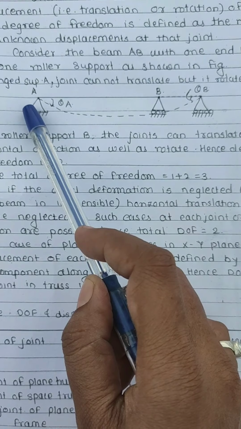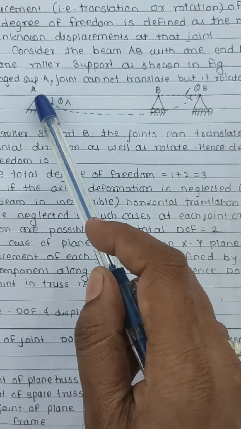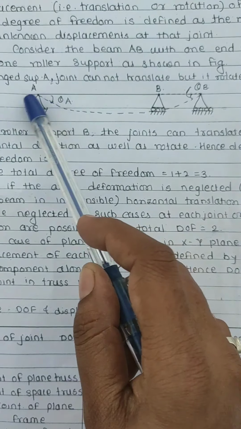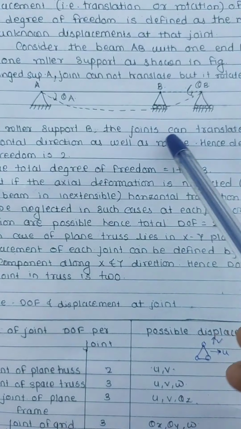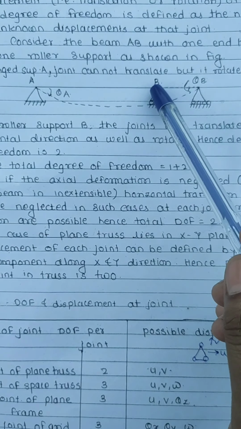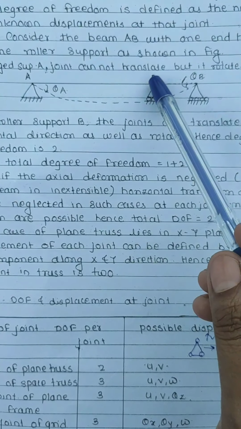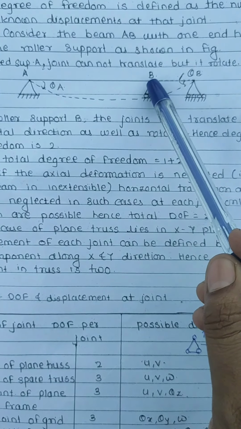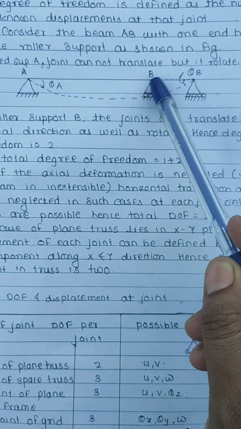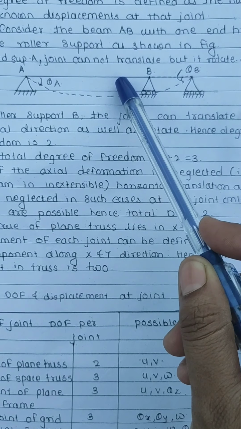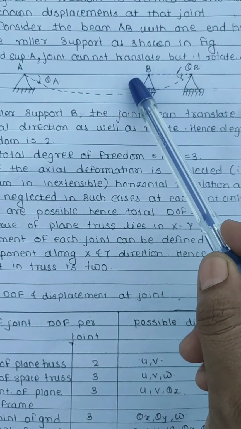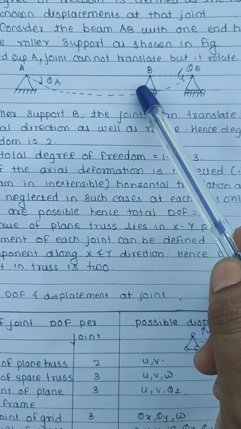That horizontal reaction means there is no axial deformation at A support, but at B support there is axial deformation, meaning the length of this member can increase or decrease. Hence at B support there is axial deformation.